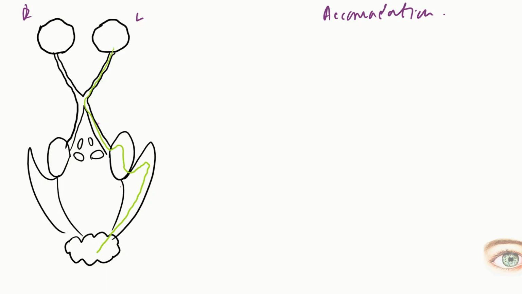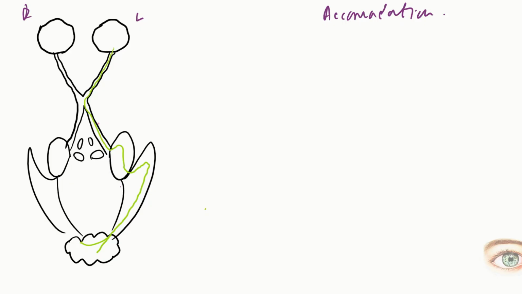And in the visual cortex, it is first going to occur in Brodmann area 17, which is the primary visual cortex, and then to areas 18 and 19, which are the secondary visual areas, right?